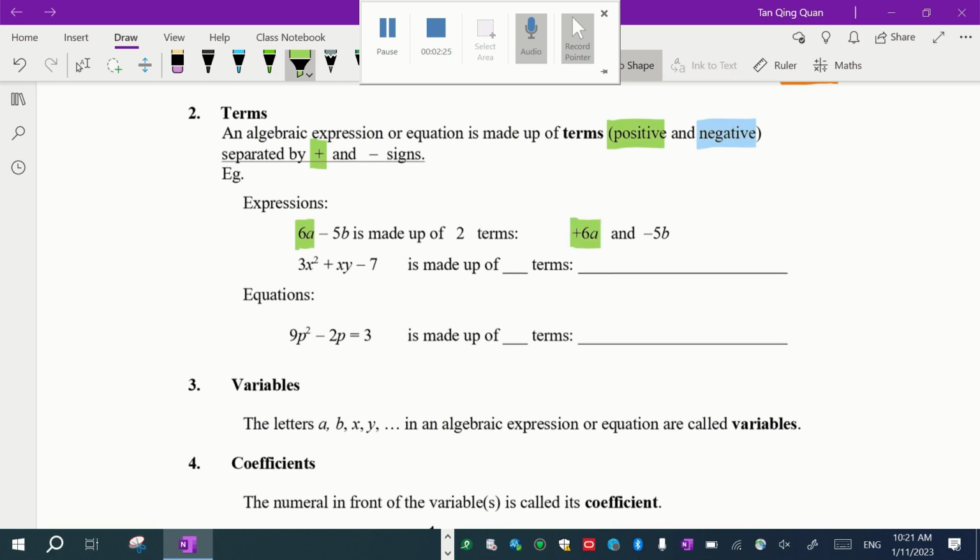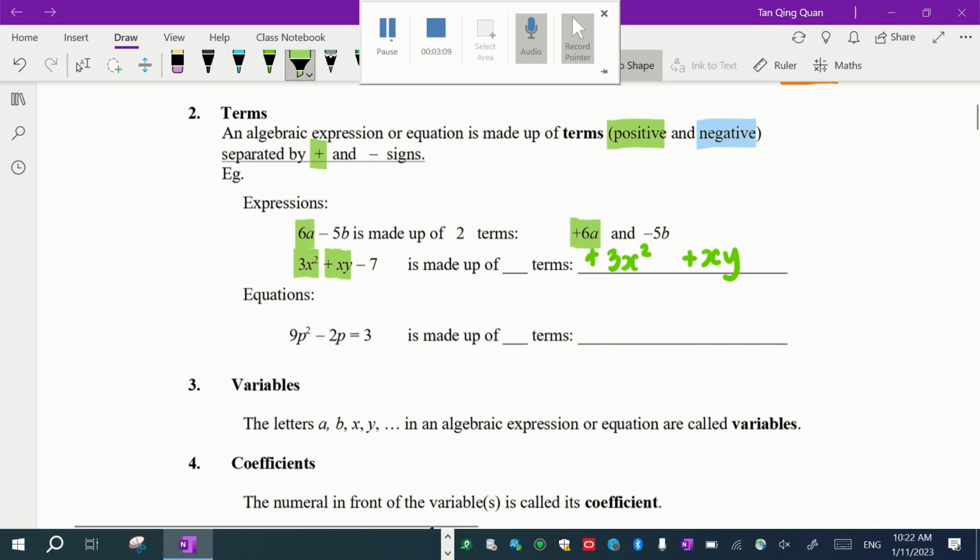Positive 3x squared, positive xy. So in this case here, positive 3x square and positive xy. So there are two positive terms.